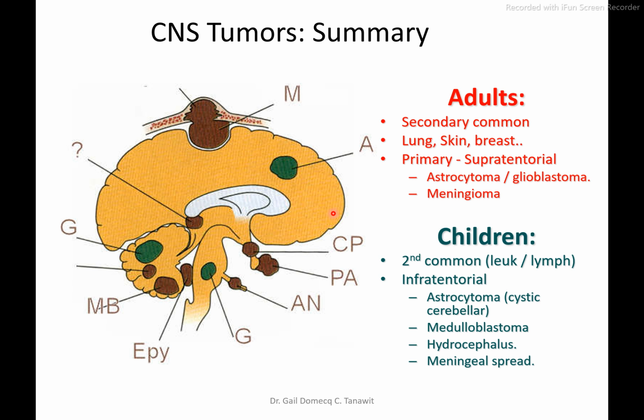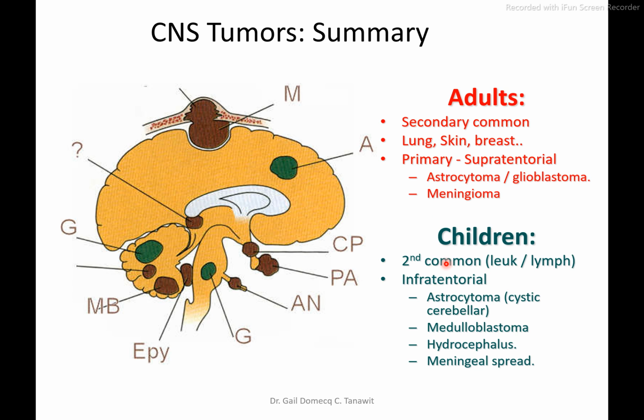So therefore, for the CNS tumors in adults, usually it's metastatic, involving the lung, the skin, and the breast. And in adults, again, it would be supratentorial, primarily astrocytoma, glioblastoma, and meningioma.